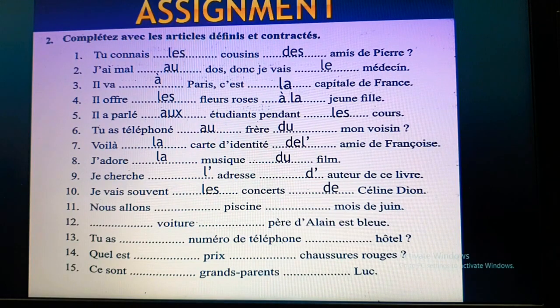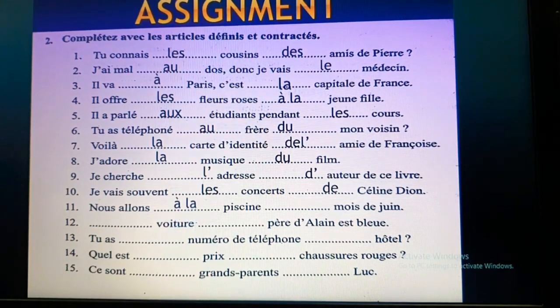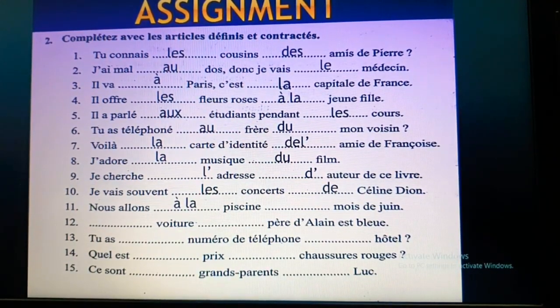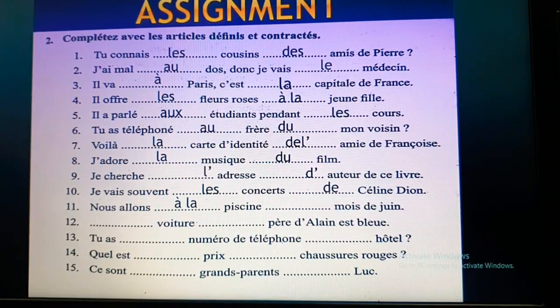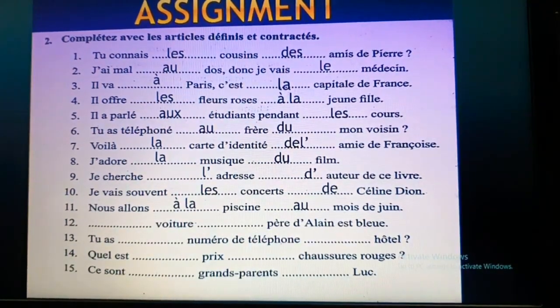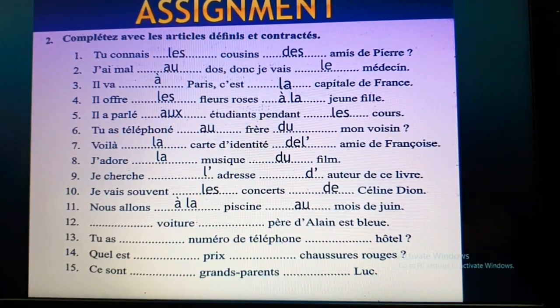Okay. Nous allons, we go à la piscine, to the swimming pool dash mois de juin. So the month of juin. Yes, au mois de juin is in the month of June.